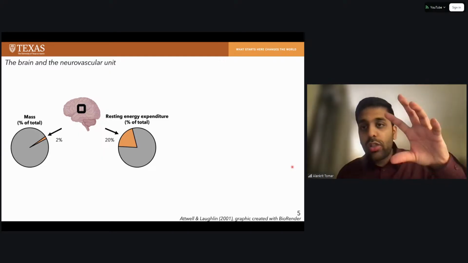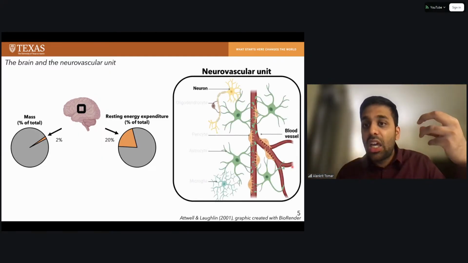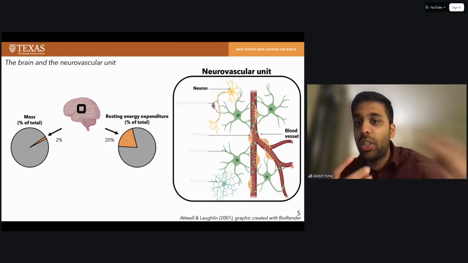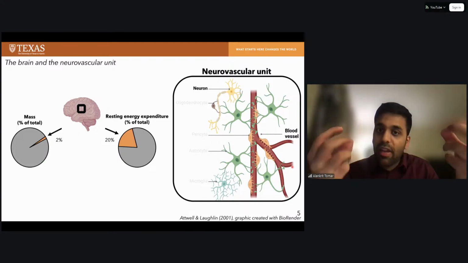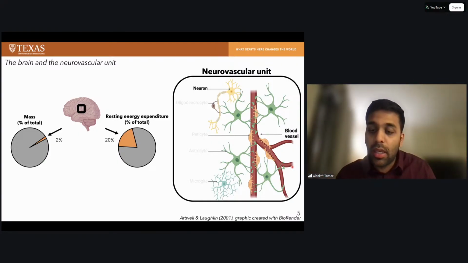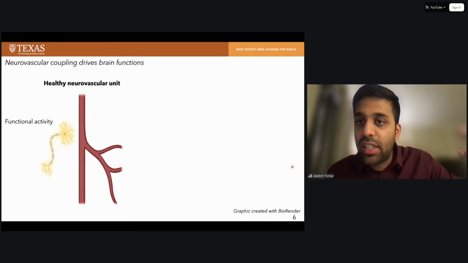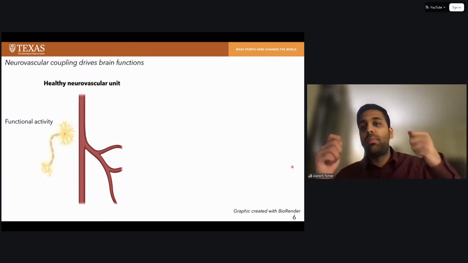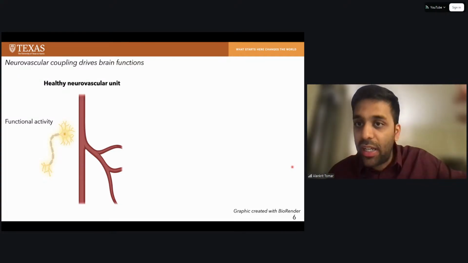And at the core of this brain organ is this functioning body called the neurovascular unit, which consists of the neurons and the blood vessels in the brain. Whenever there is a neuronal activity, let's say a functional activity, let's say you're trying to sing or you're trying to play cricket, there is firing of neurons in the brain.